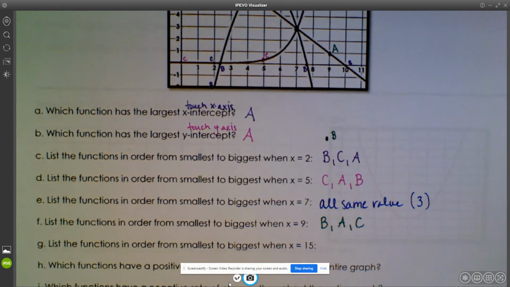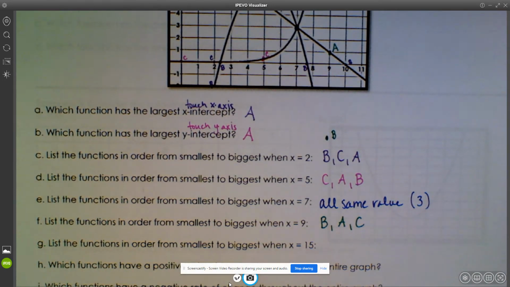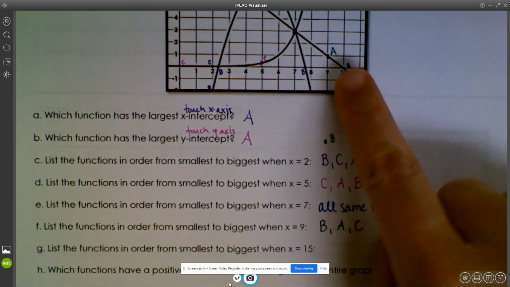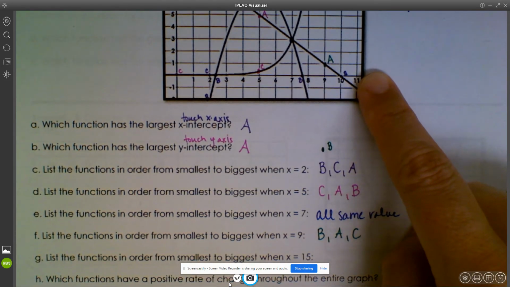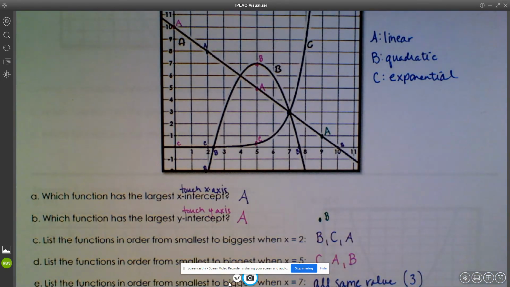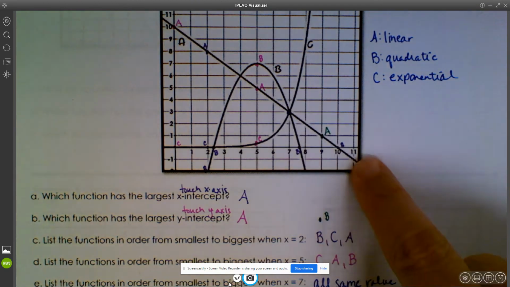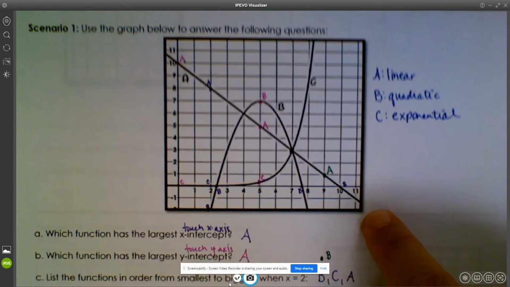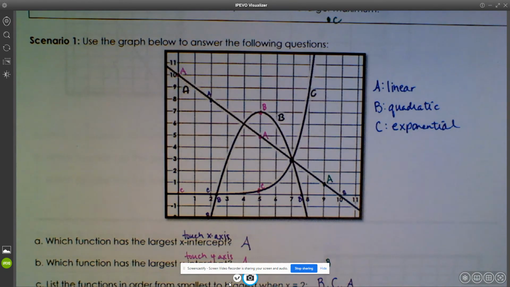Okay? And then the last one asks us to list the functions in order from smallest to biggest when x equals 15. Well, x equals 15 is off of our graph. So notice function B had this downward trend. It'll be down here somewhere. Function A continues my line, and then function C is way up there.